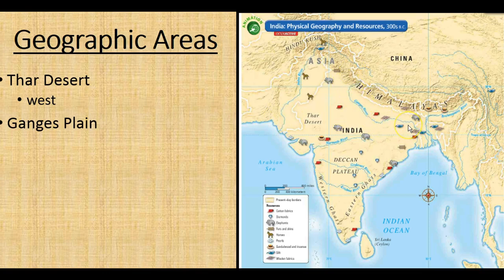And as we learned with many different ancient societies, many cultures grow up or develop along rivers because they help to sustain and grow life. So along the Ganges River is the Ganges Plain. And it is considered to be in the northern part of India, okay?